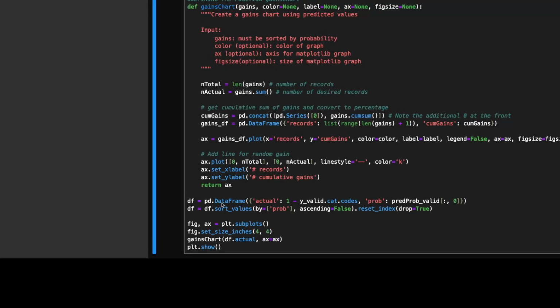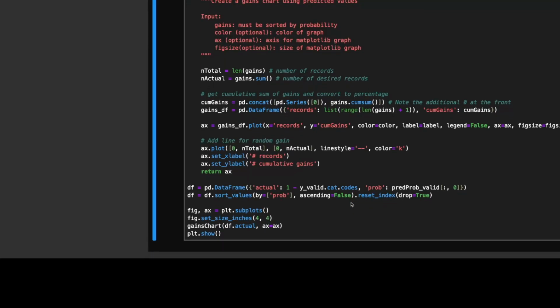And then this is the data frame that we are creating with actual outcomes and predicted probabilities. And then we sort by probability in descending order, so flights most likely to be delayed come first. And then the gains chart function plots cumulative actual delays as we move through this sorted list. Okay, so when we run this, we will see the gains chart.